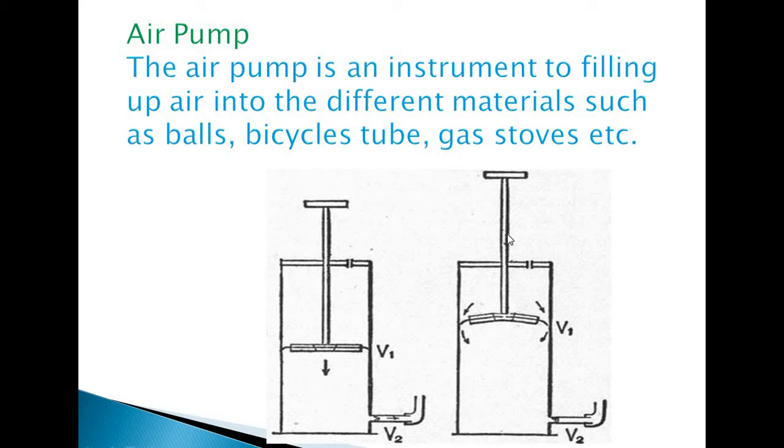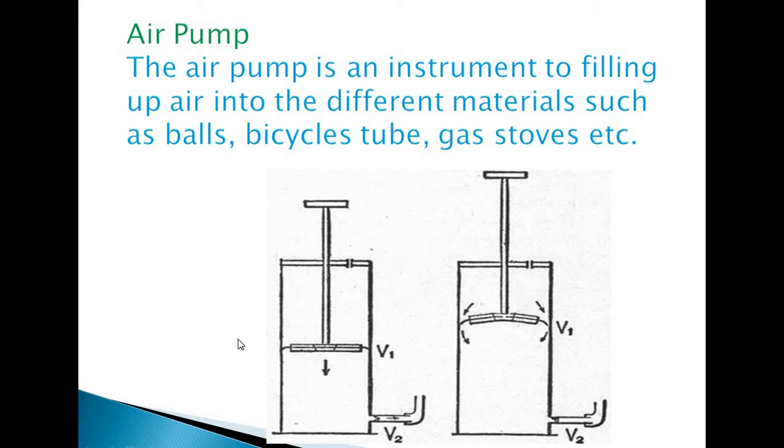This is the pulling action of the piston and this is the pushing action of the piston. Like the syringe, the air pump also works by continuous pulling and pushing action of the piston.